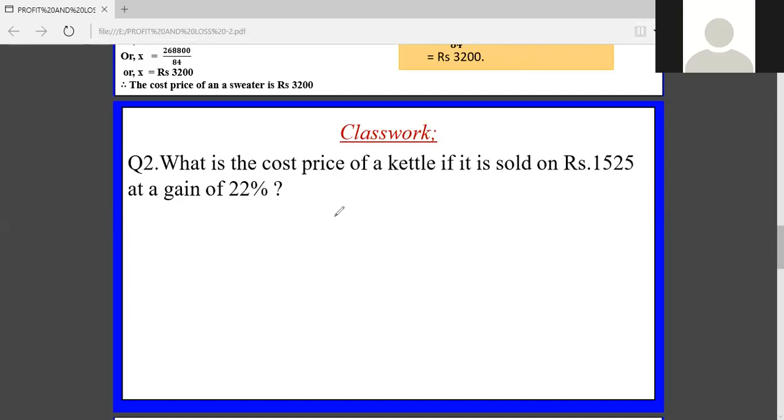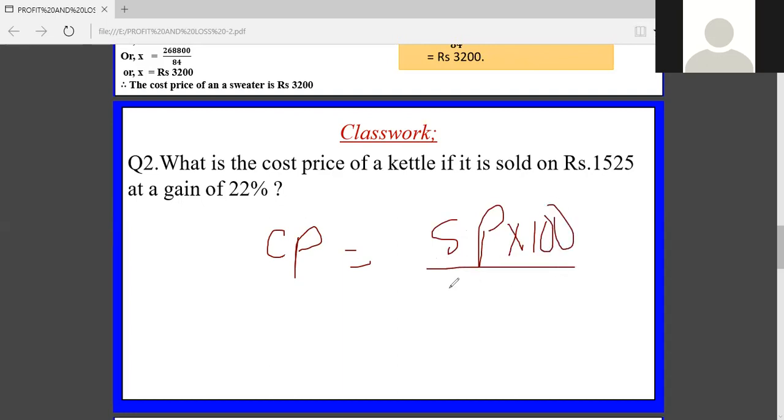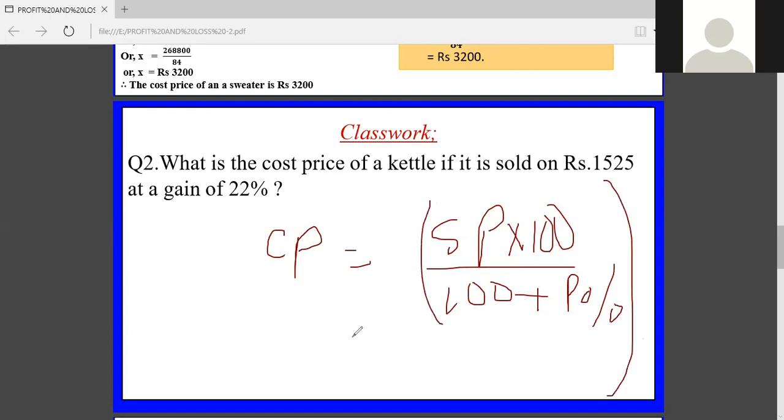First of all, write the given values, then we have to use this formula: CP equals SP into 100 divided by 100 plus profit percentage. Absolutely right. Very good. If you use this formula, then you will get the values. Okay, it's the answer.